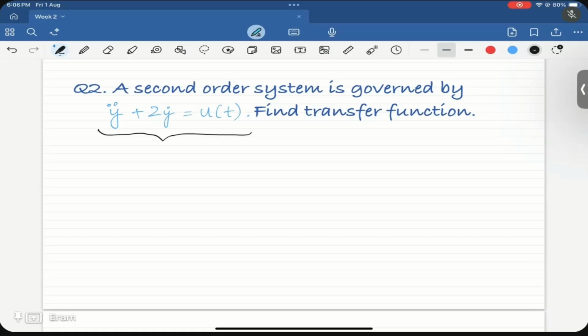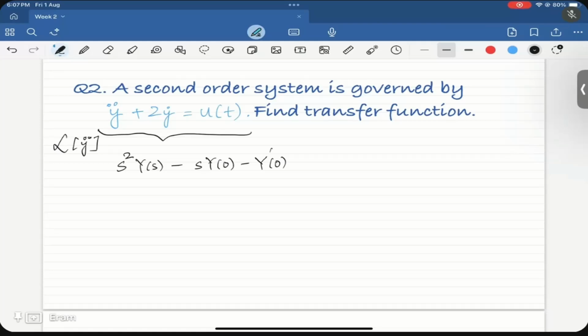Ma'am, s squared Y(s) minus s y(0) minus y dash 0. Okay, so this is the Laplace transform of y double dot.